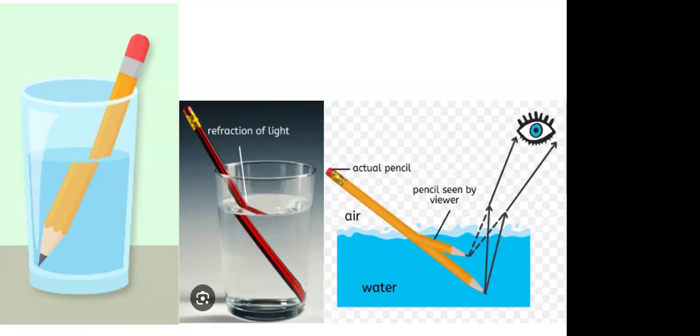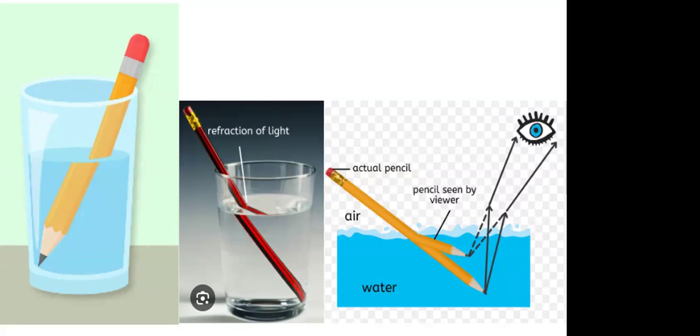That effect is what we call refraction. When you look into a swimming pool, it always appears to be shallow, yet it is actually very, very deep. So that effect that we see, whereby things look to be bending, is what we call refraction of light.